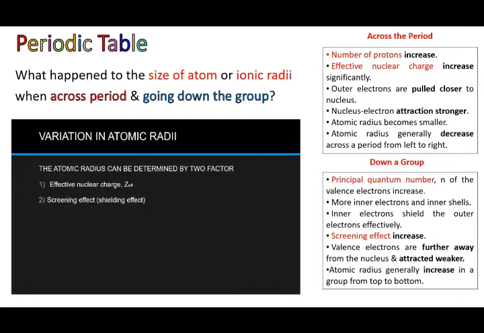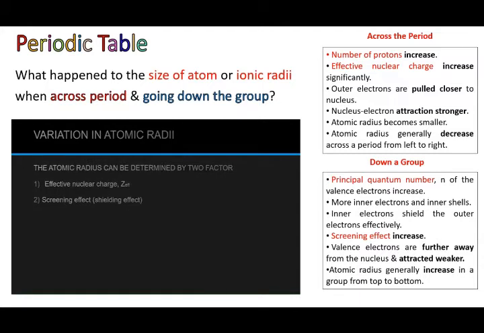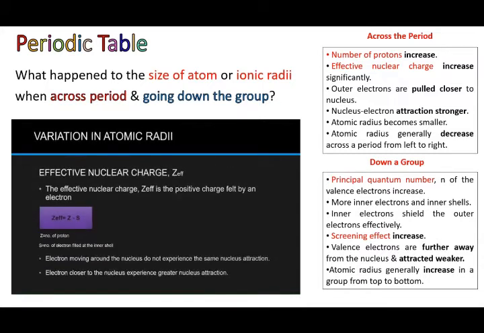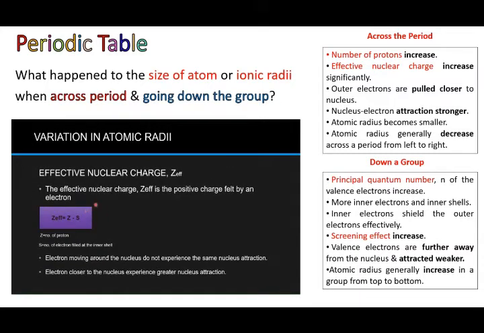Okay, to determine the atomic radius, we can determine it by two factors. First, we are using effective nuclear charge, Zeff, and second, we are using the screening effect or shielding effect. Okay, the first one is by using the effective nuclear charge, Zeff.